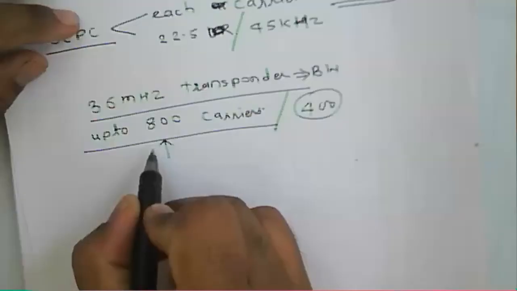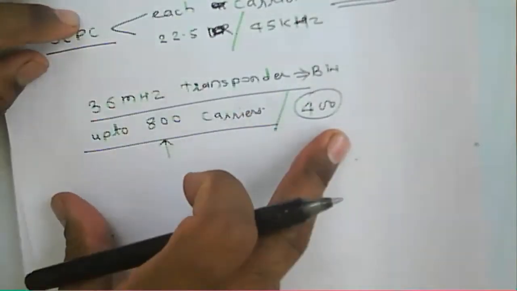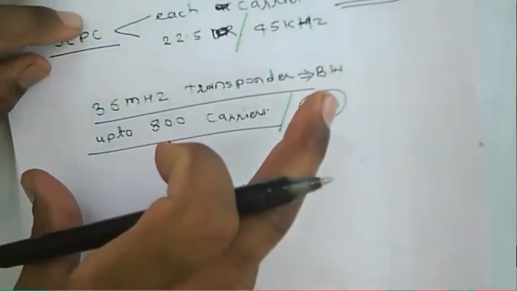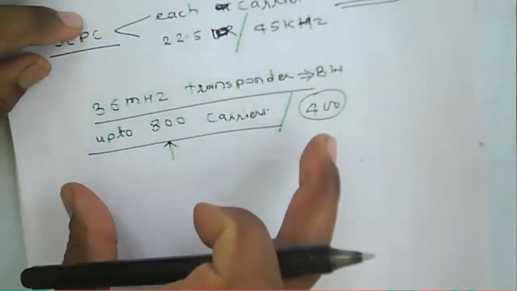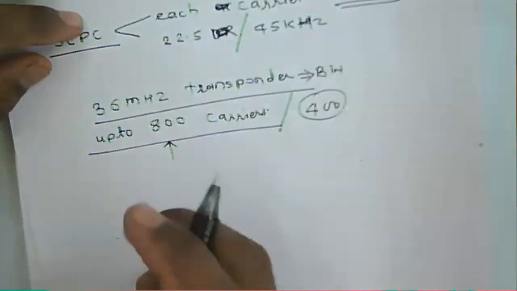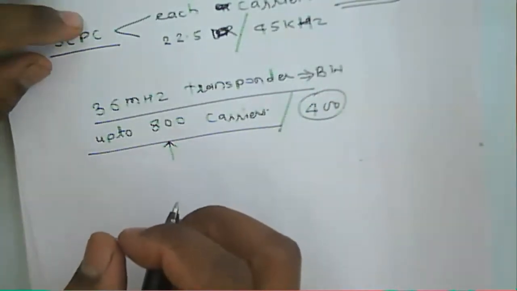So that's why this SCPC system is an optimal system in terms of usage of the channel capacity of the transponder.